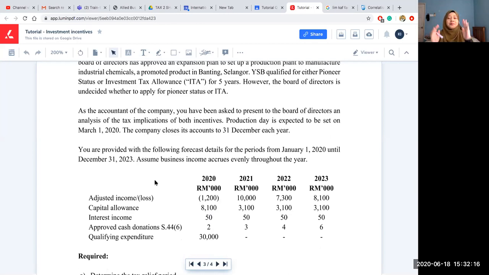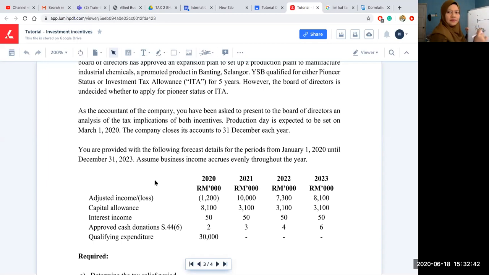So remember, yesterday we looked at Pioneer status, its period starts from the production day. So in this question, year end is 31st of December. So when your year end is 31st of December, which year? 2020. So it means that it starts on 1st of January 2020.